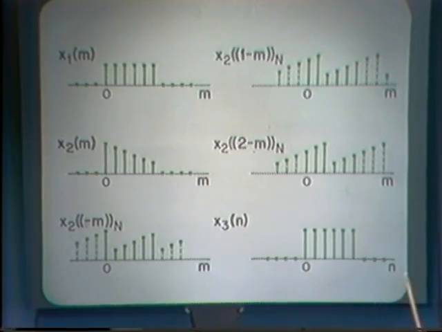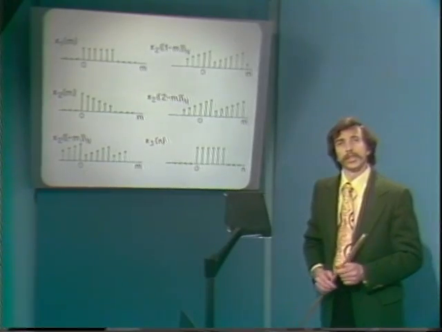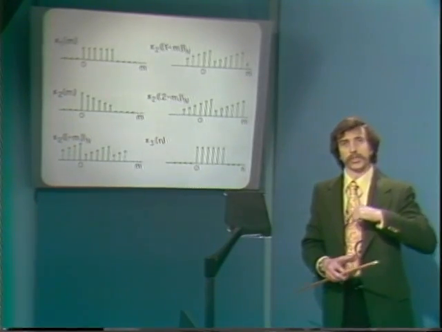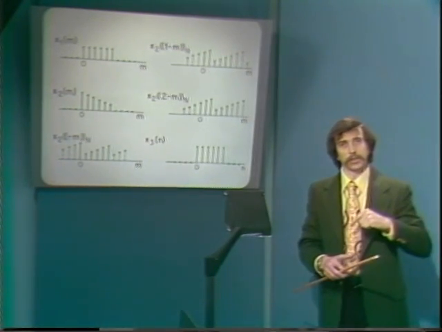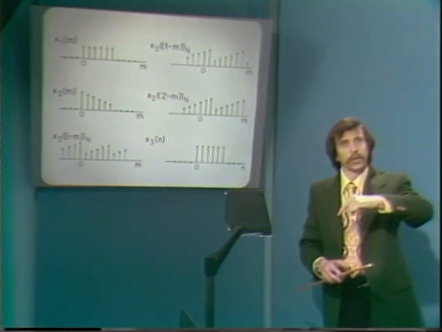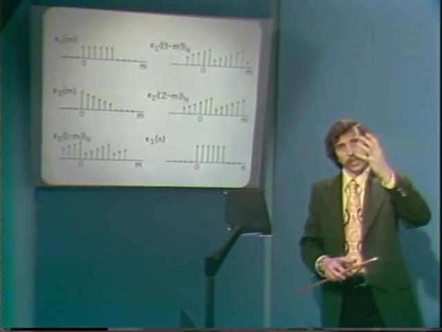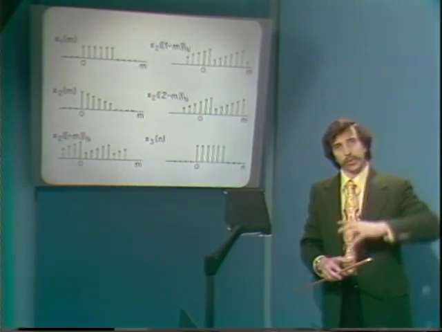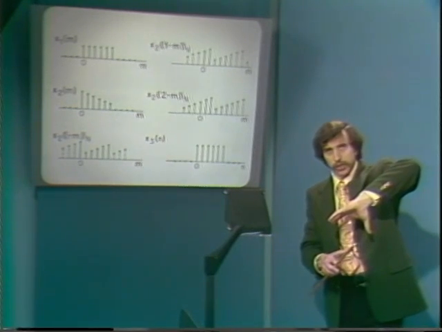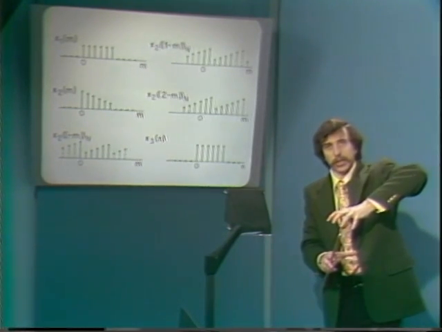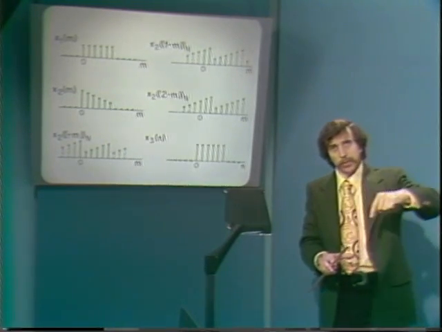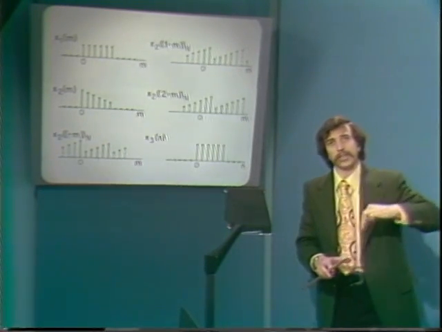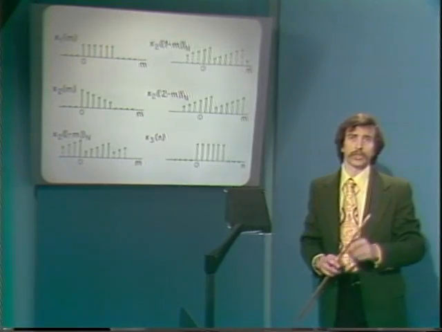But the important point and the important picture that I tried to stress last time was the notion of thinking of the sequences as being wrapped around a cylinder, x1 of n wrapped around a cylinder, x2 of minus n wrapped around a cylinder, one cylinder put inside the other, and then as we form the convolution, the cylinders are turned with respect to each other, and the successive values multiplied, and then added around the cylinder. And that's the picture of circular convolution.